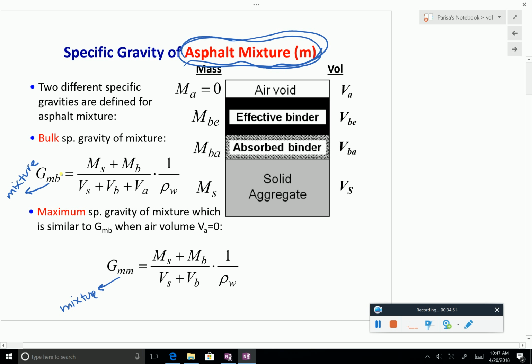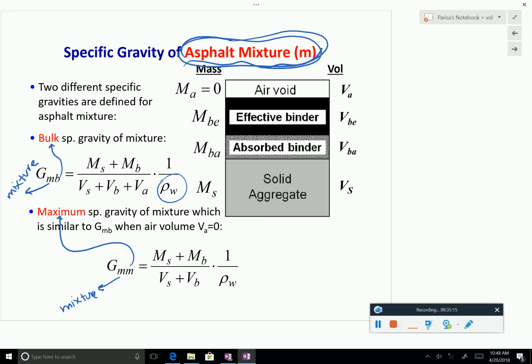And B is again bulk, and M is maximum. And bulk is the mass of solids plus mass of binder, basically total mass over total volume. That makes sense. It's a specific gravity, so we divide this by the density of water. I forgot to mention that in the previous one.